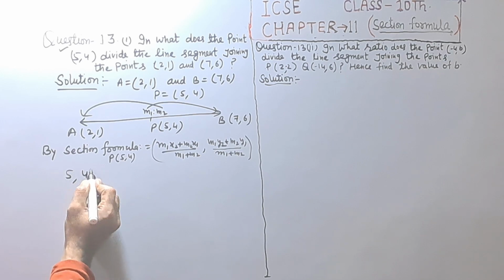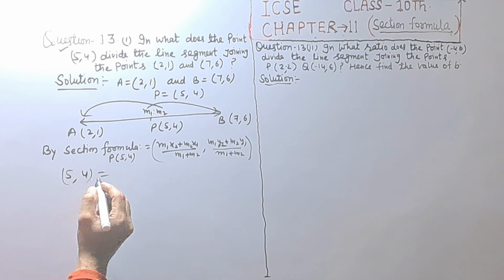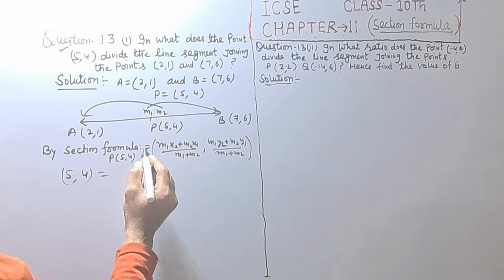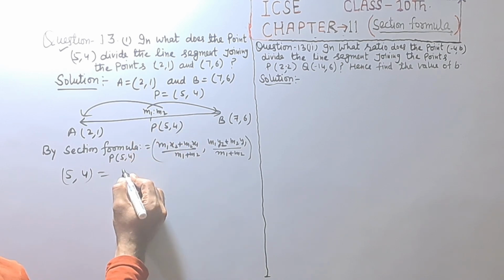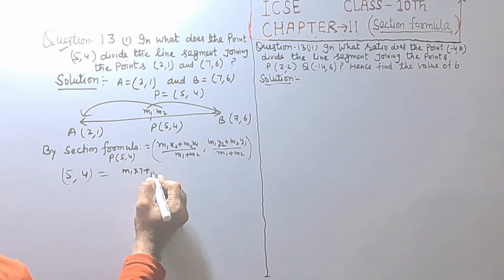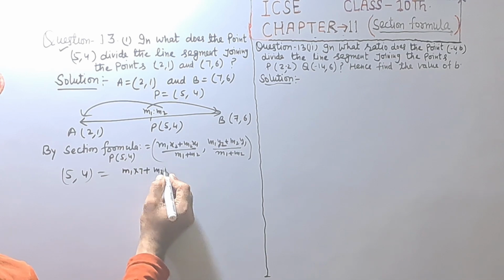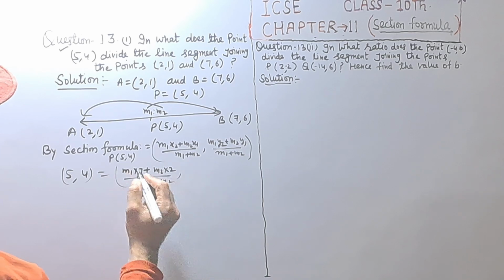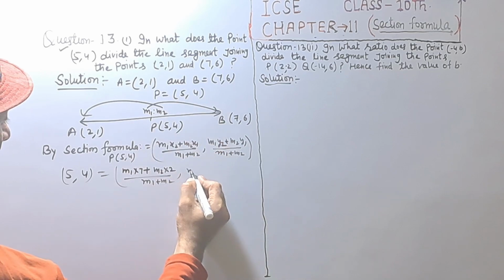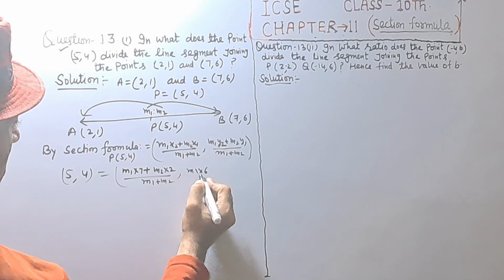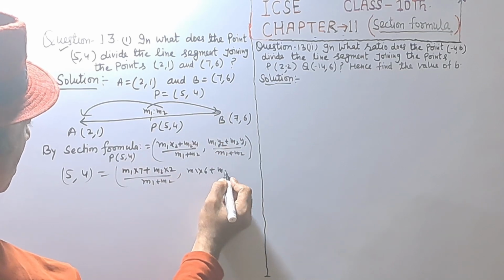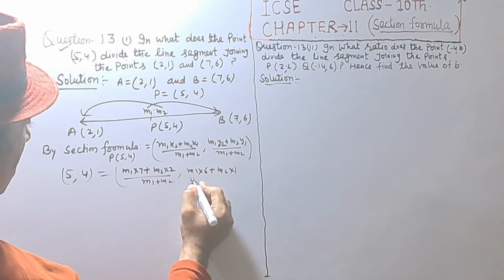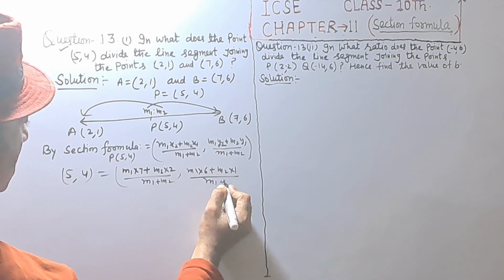So (5, 4) is equal to (M1 multiplied by 7 plus M2 multiplied by 2) divided by (M1 plus M2), comma, (M1 multiplied by 6 plus M2 multiplied by 1) divided by (M1 plus M2).